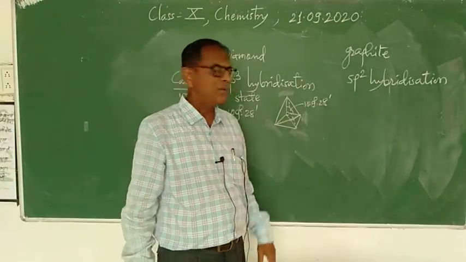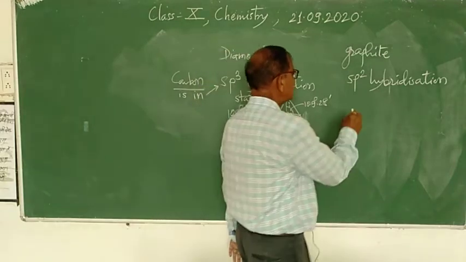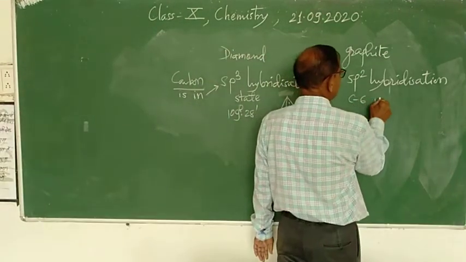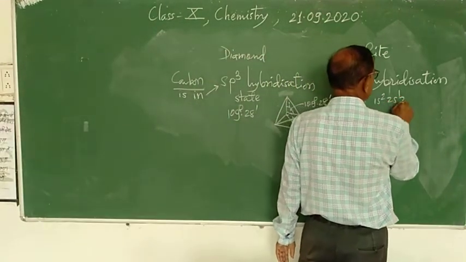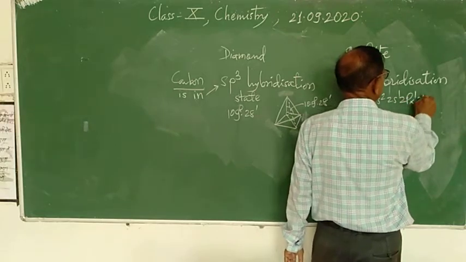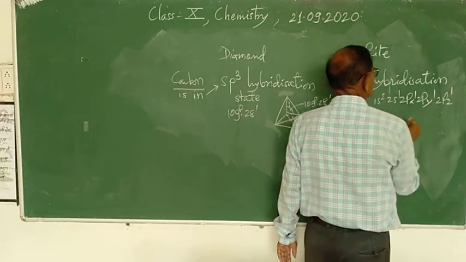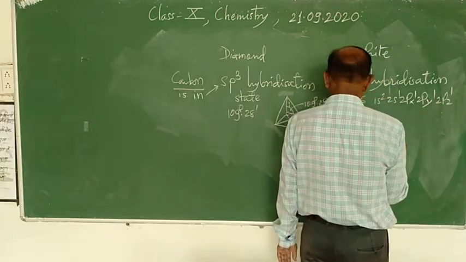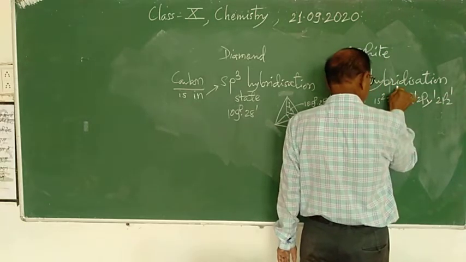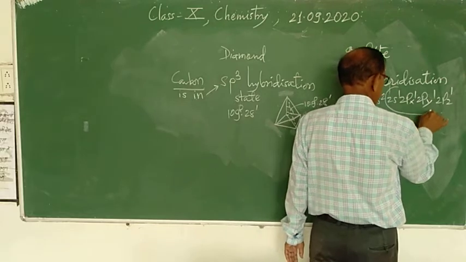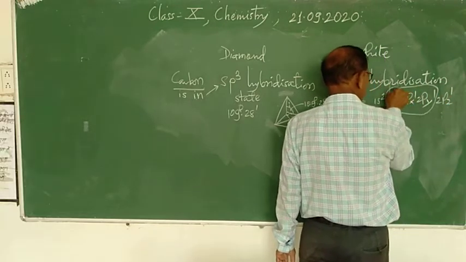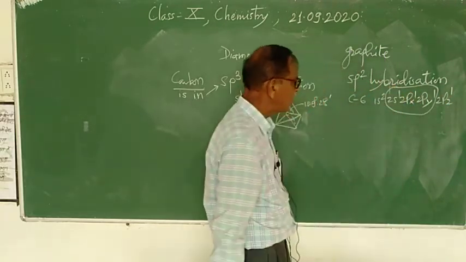see, the carbon atom is in sp2 hybridization state. Carbon 6: 1s2, 2s1, 2px1, 2py1, 2pz1. So what happened? 2s1, 2px1, 2py1, these orbitals mix into one another.